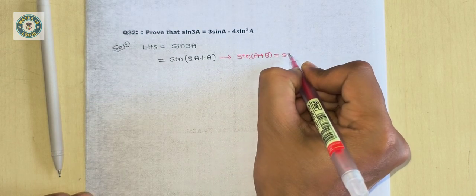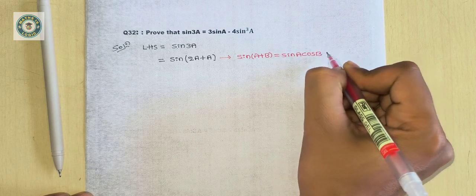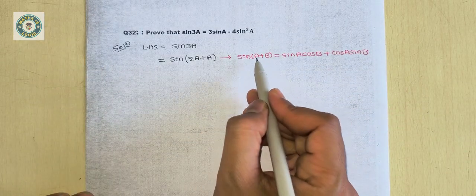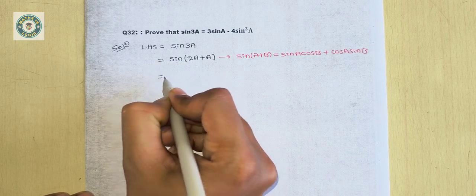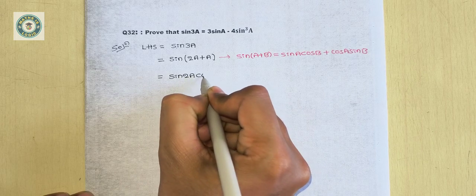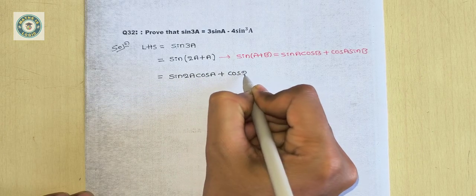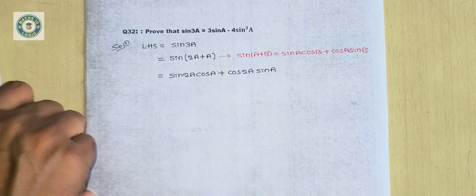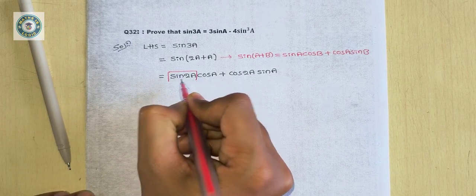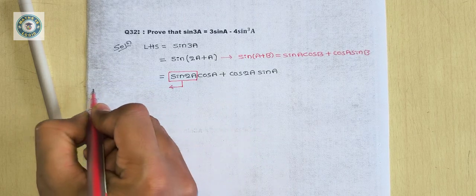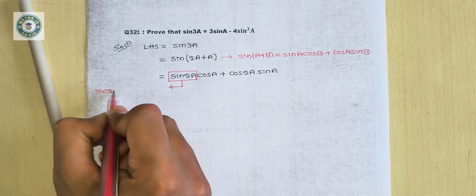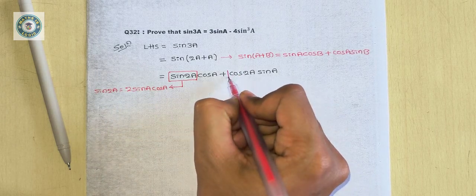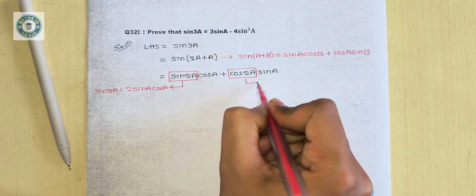So we apply the sin(A plus B) formula: sin A cos B plus cos A sin B. Here A means 2A, B means A. Therefore this goes to sin 2A into cos A plus cos 2A into sin A. Next, in compound angle there is a formula: sin 2A is equal to 2 sin A cos A. Another formula is there in compound angle.